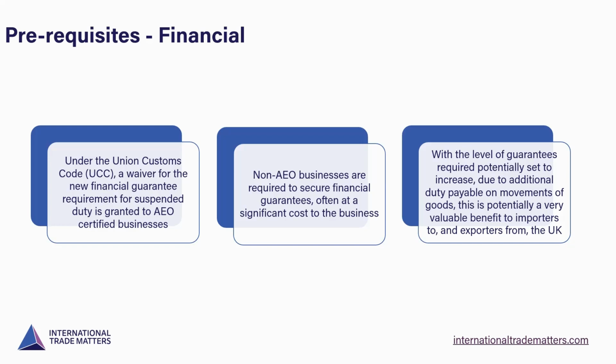So they have simultaneously the same thing, mutual recognition, but the European subsidiary would need an AEO certificate in that particular country, and the UK parent would need a UK AEO authorization.